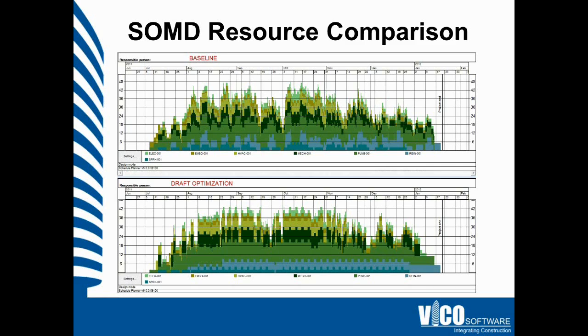Practically speaking, if you choose to release your workers when they're not needed, this results in fewer demobes and remobes. And if you choose to keep your workers when they're not active, it is going to result in less waiting time and less waiting cost for holding those guys on the job.